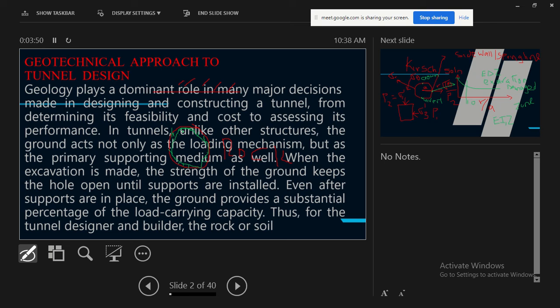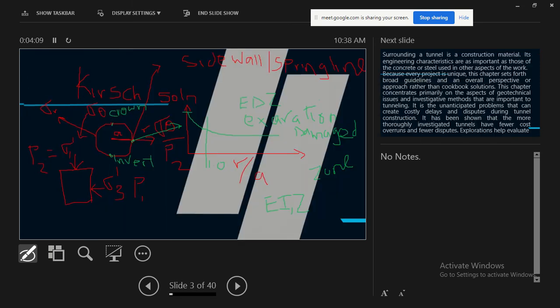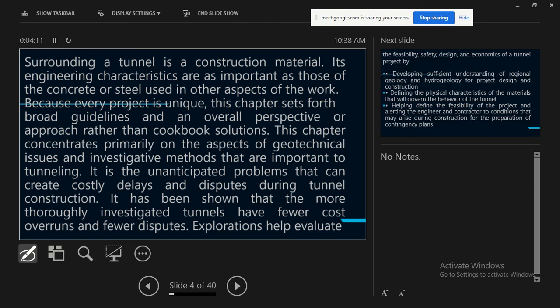Okay, this is one function of the liner, but again, liners can support if, for example, the strength is not enough. We'll see how to design liners later in this course. Liners can provide enough strength to support the opening, but still most of the forces are carried by the rock itself.